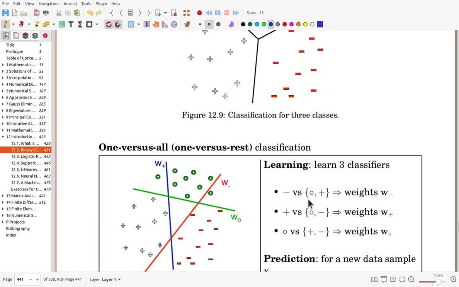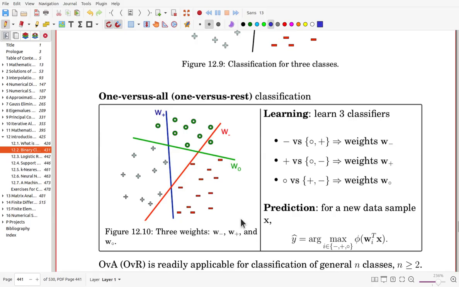In this strategy, we train the algorithm 3 times, one class versus the others. So minus versus O and plus. Here W minus is trained so that this line is made, separating the minus points from everything else.